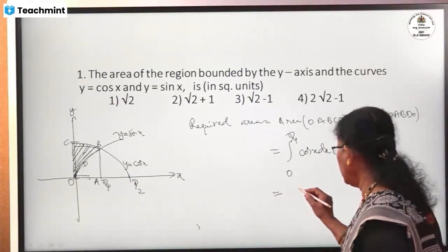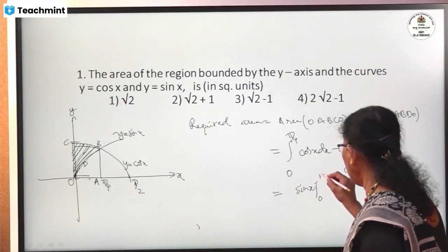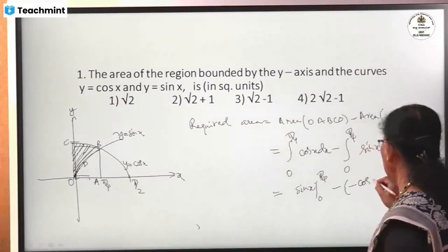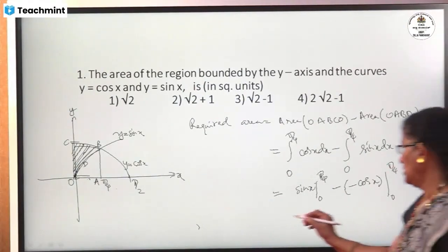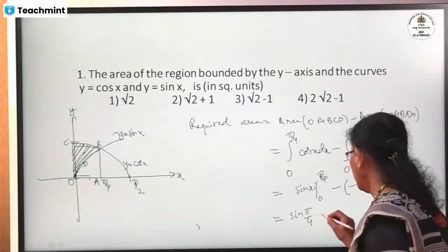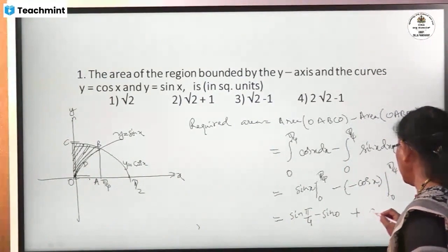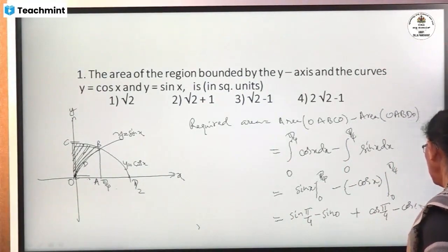Now what is integral of cos x? Is sin x from where to where? 0 to pi by 4. What is integral of sin x? Is minus cos x from where to where? 0 to pi by 4. So this is sin pi by 4 minus sin 0. This minus of minus becomes plus cos pi by 4 minus cos 0.